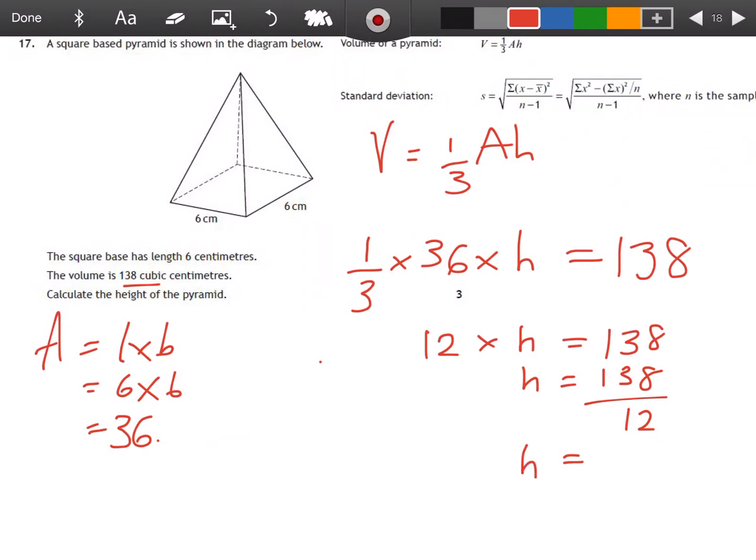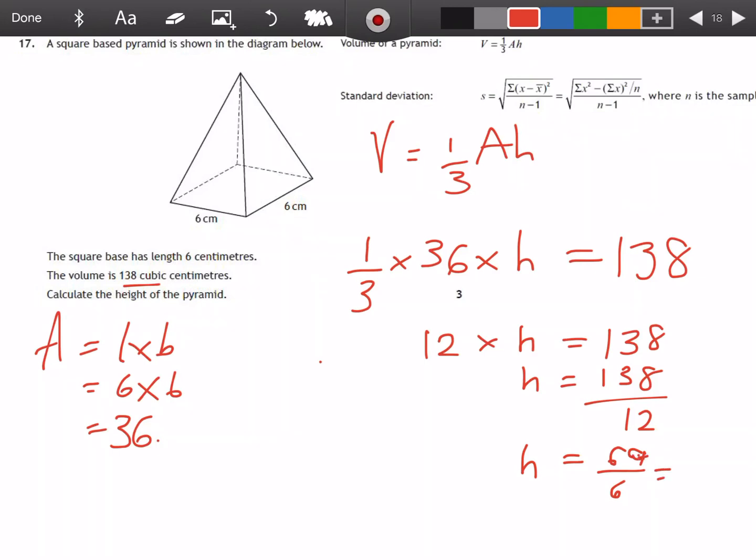Remember, this is a non-calculator paper, so you're going to have to be careful with your numbers here. If you don't know how many 12s actually go into 138, simplify. I'm just going to divide them both by 2 each time, okay? Divide them both by 2. I'm going to turn that down to 69 over 6. Yep, it will simplify.